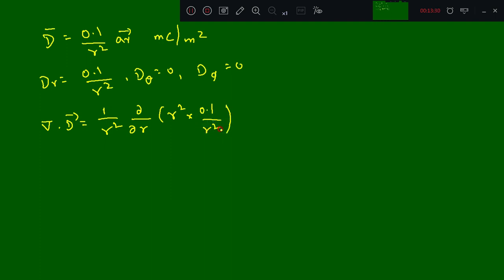This we get as 1 divided by r square into ∂/∂r of 0.1, which is nothing but 0.